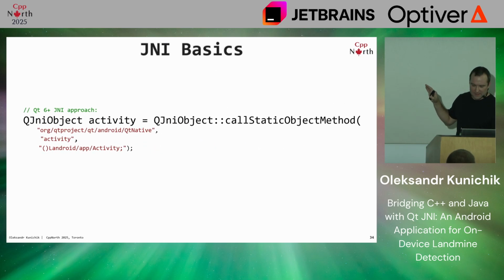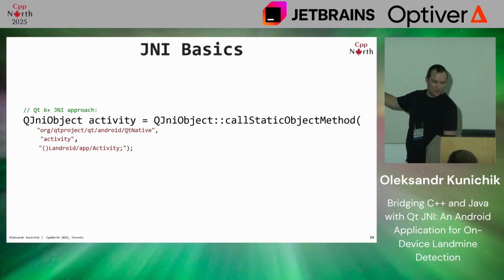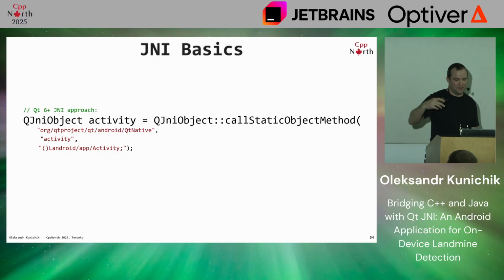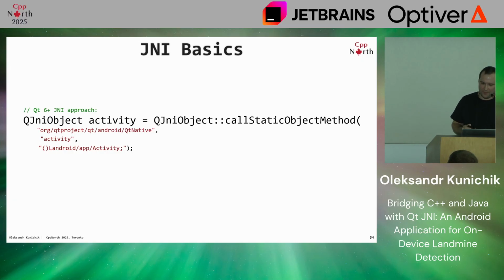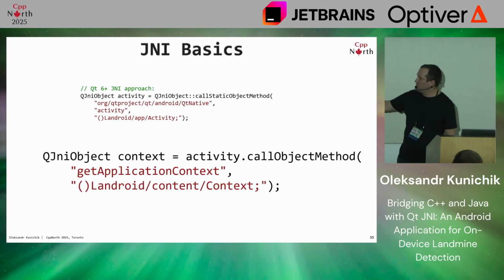Notice the difference. So first, we call static functions, or call static object method. We send the class, and then on it we call the activity. And then we call on the instance of the class, we already call object method.